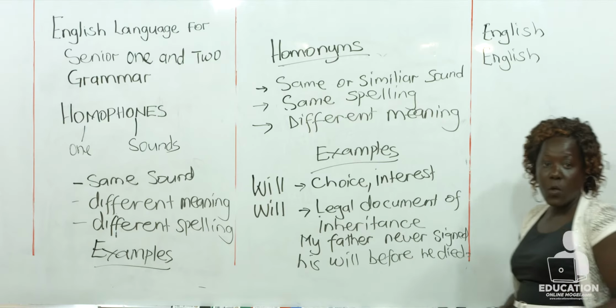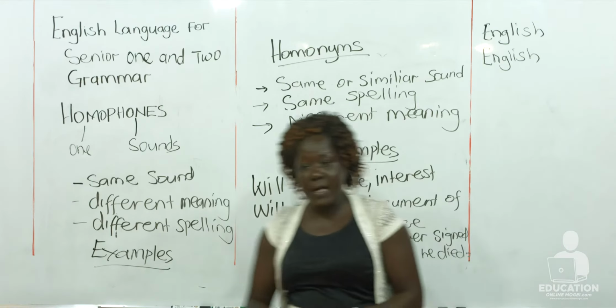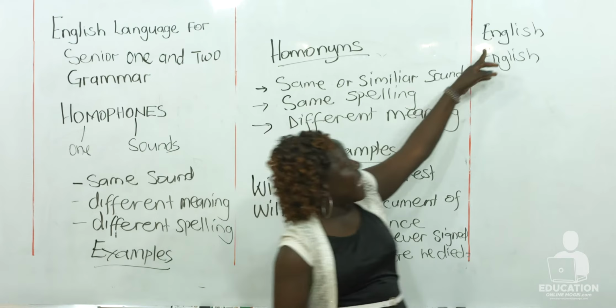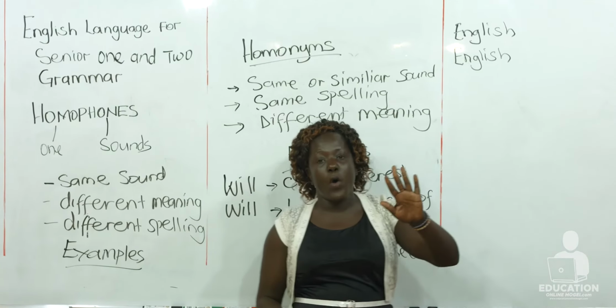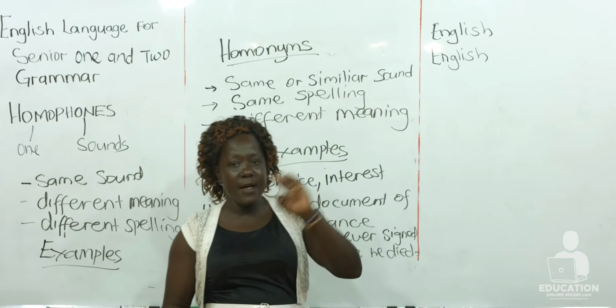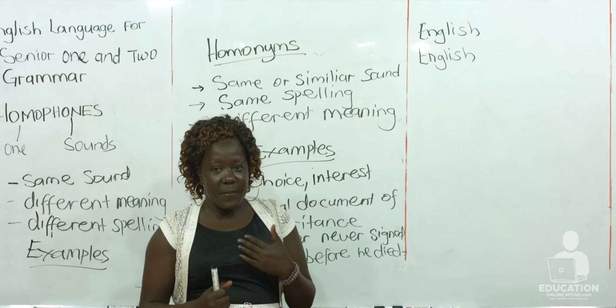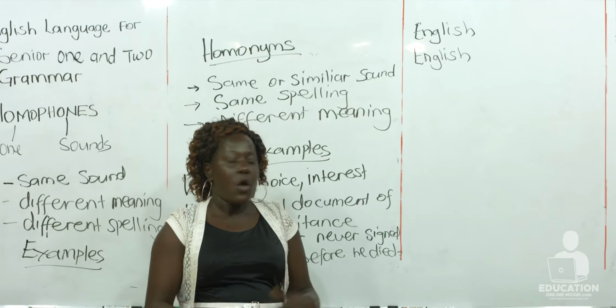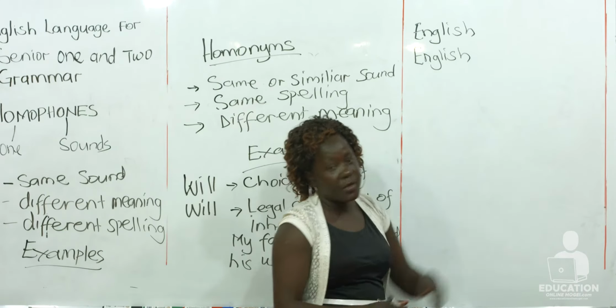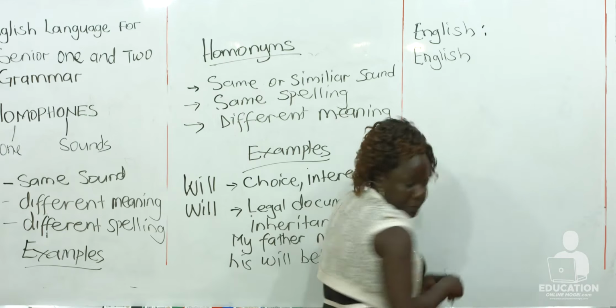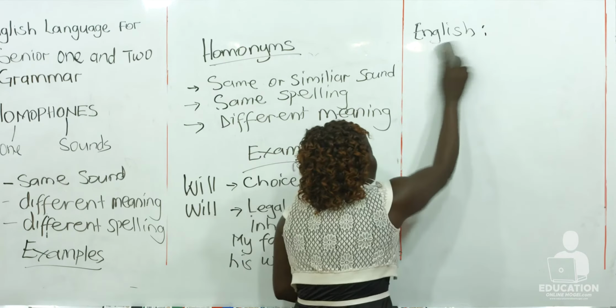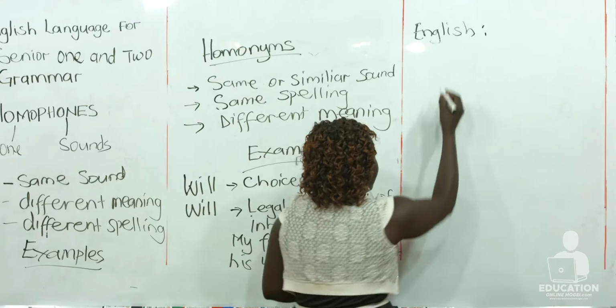Right. What is the meaning of the first one? English can mean the language of the people who come from England. For instance, I am a teacher of English language. You can come here and say, let me write for you one example here.